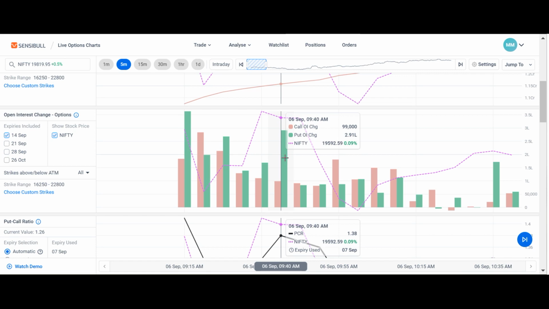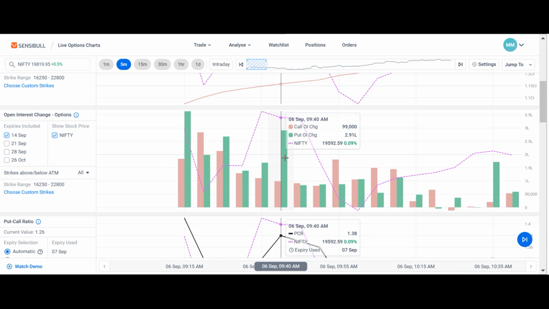It is not going beyond that level. So basically, it tells you there are people buying puts, increasing the price of that put, and they are not willing to go below one particular level.